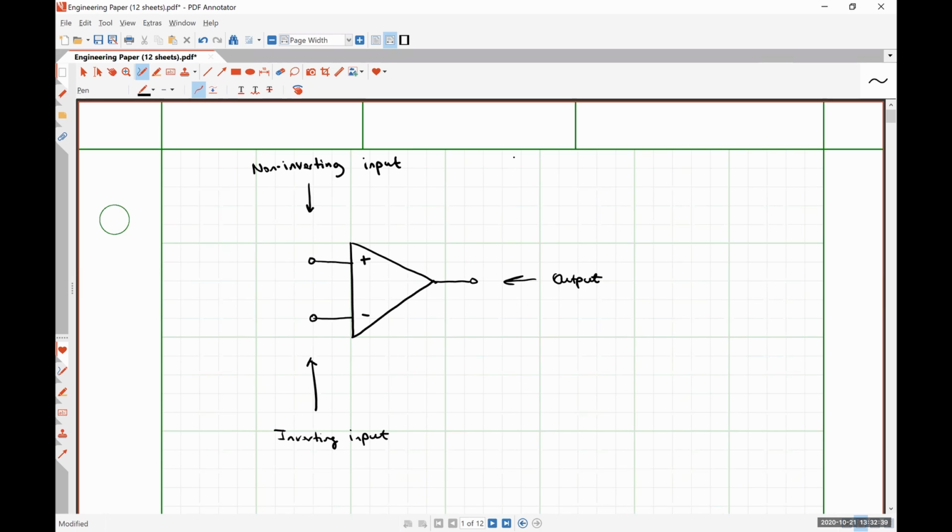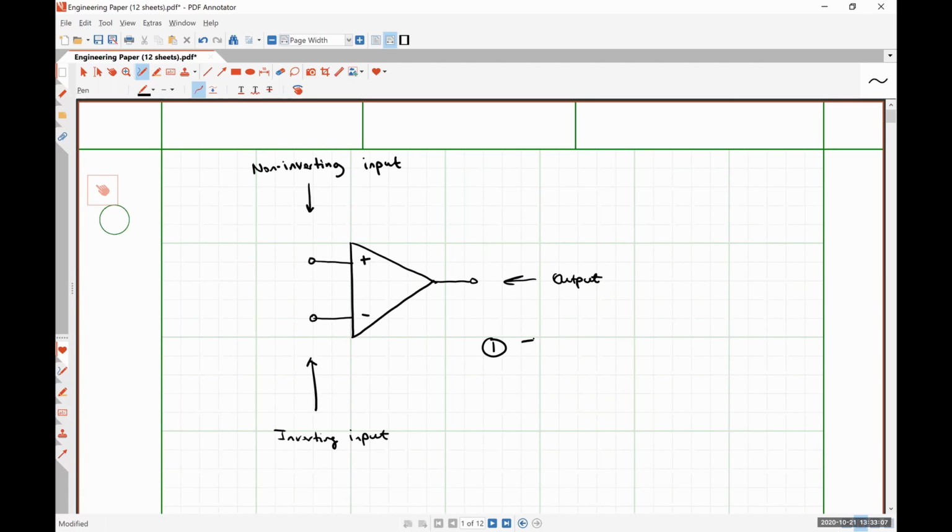So what I was saying is our basic operational amplifier is a 3-terminal device that has a non-inverting input terminal, an inverting input terminal, and an output terminal. Now, when we're dealing with ideal operational amplifier circuits, which are the only type of circuits we'll deal with here in ENGR 221, there are 2 basic rules that we'll be applying.